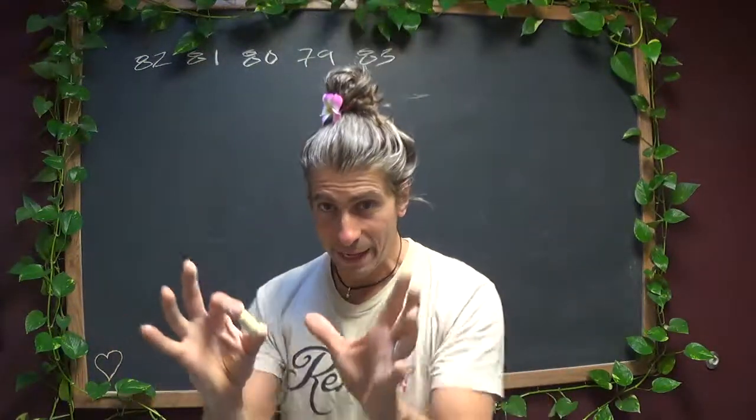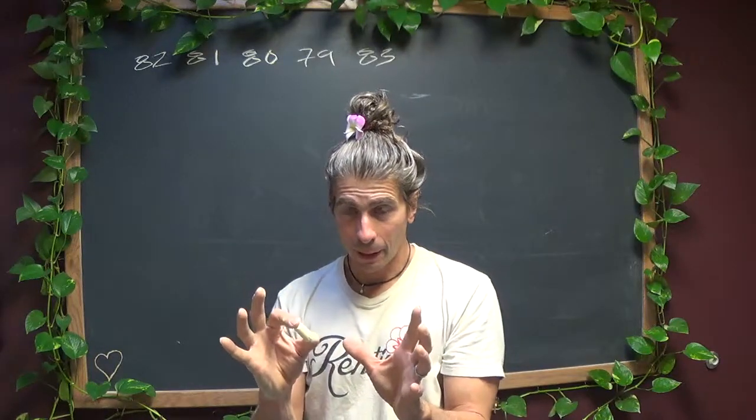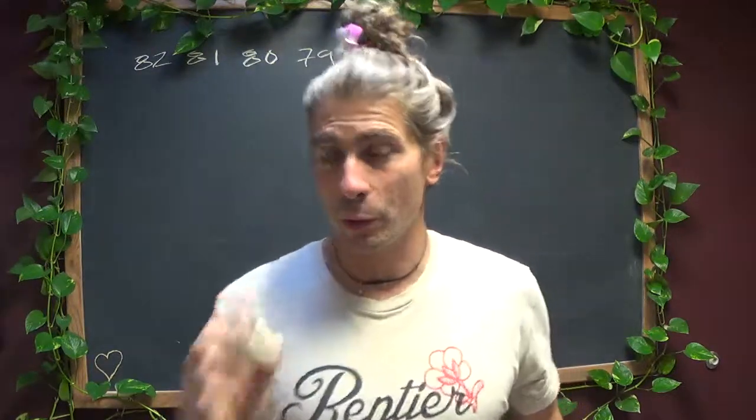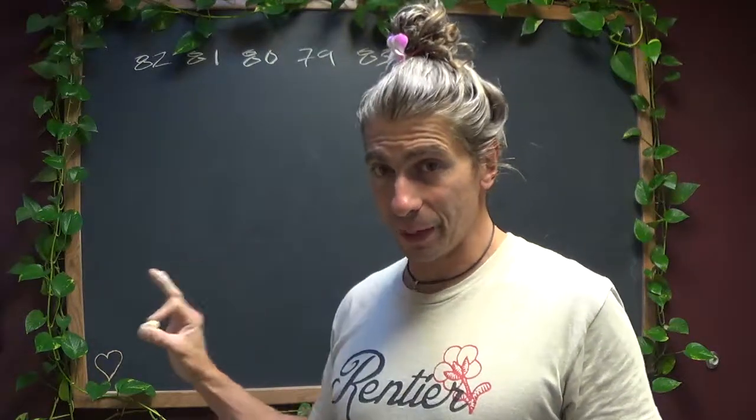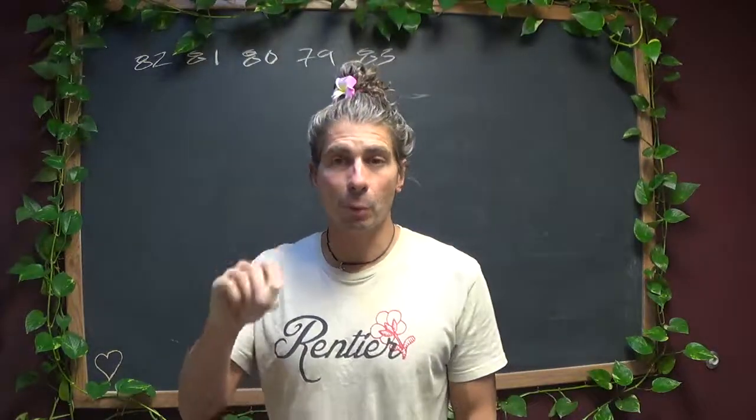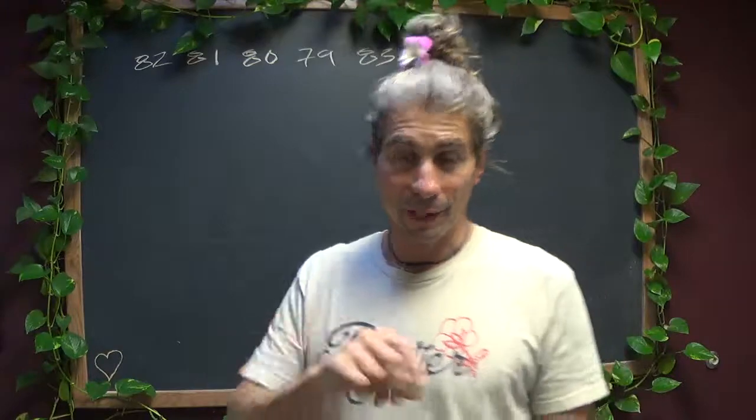So I want to do a recap here in a minute, but I want to make sure that you understand that when I compare average deviation to standard deviation in this video, they both interpret the same way. They both mean the average distance from the average the data points are.